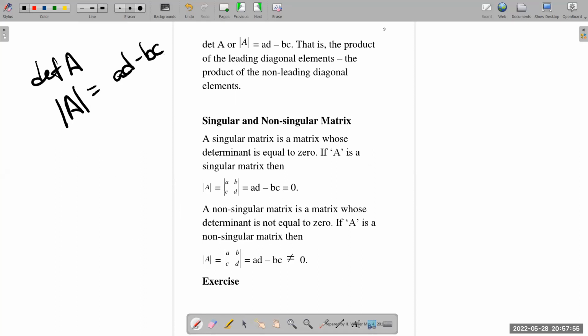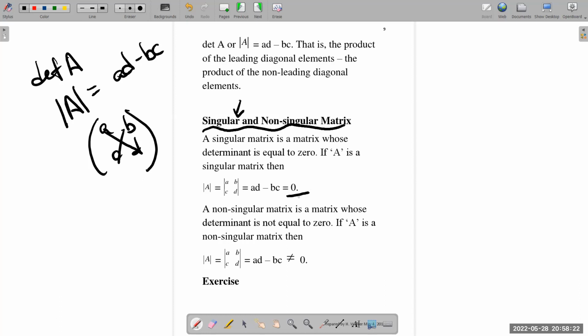And we should know what element is AD and what element is BC, because if you have a square matrix A, B, C, D, you see AD is this way and BC is that way, right? Another thing we need to remember when it comes to the determinant, what the words singular and non-singular mean. A matrix is described to be singular if when you find the determinant, the answer is 0.